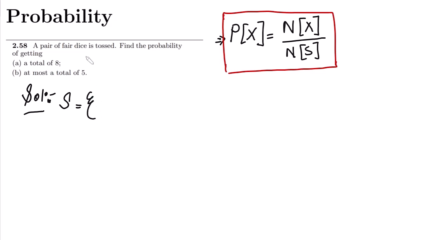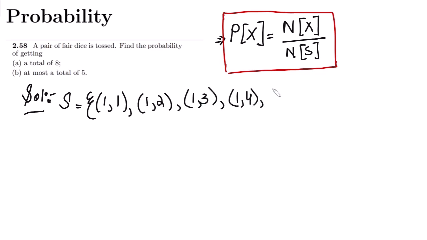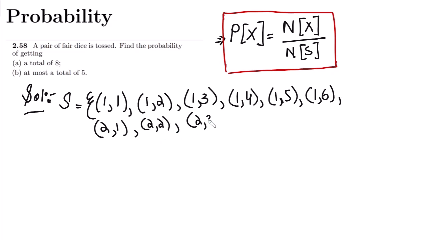As two dice are tossed, the sample space could be 1 1 in both dice, it could be 1 2, 1 3, 1 4, 1 5, and 1 6. Similarly, it could be 2 1, 2 2, 2 3, 2 4, 2 5 and 2 6.